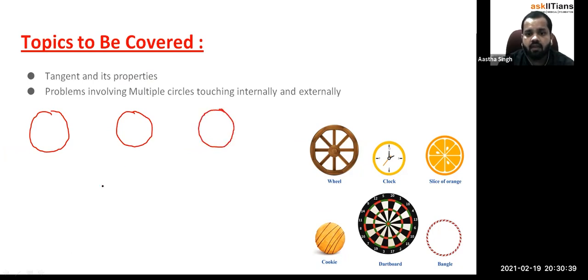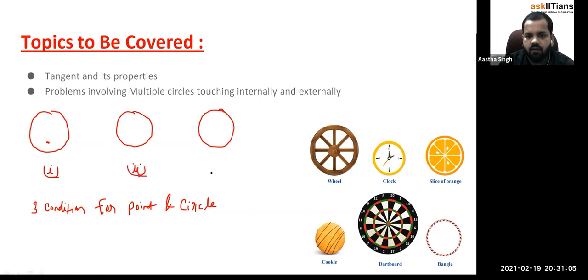Now we are discussing three conditions for a point and a circle. This can be your first condition, this your second, and this your third. If your point is within the circle, then in this case no tangent is there. If your point lies on the circumference, then there will be only a single tangent.